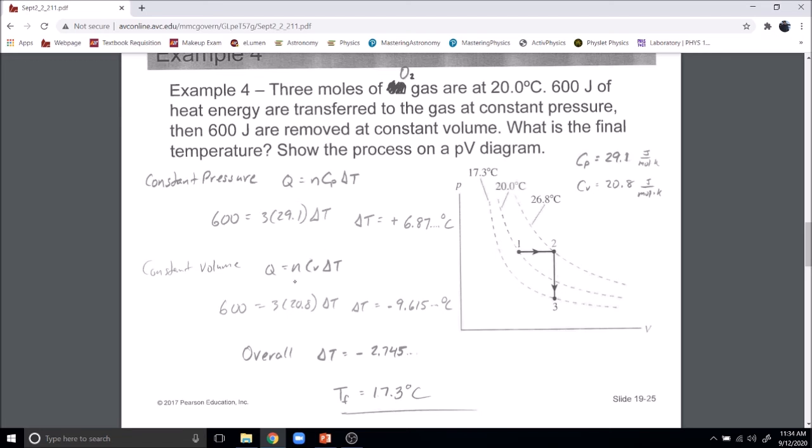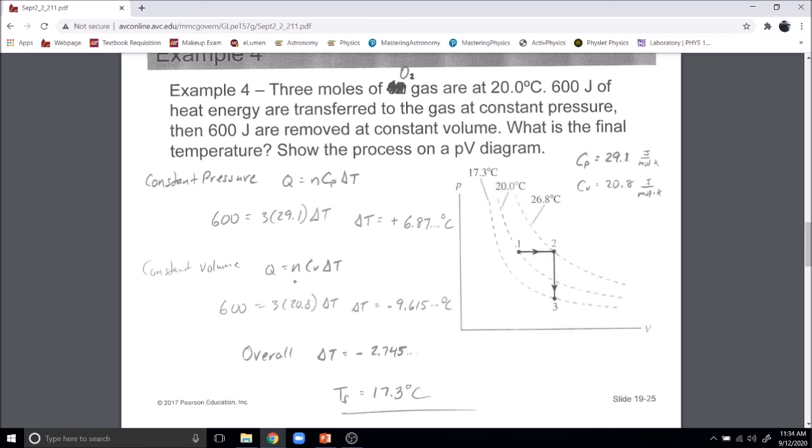When it comes to any thermodynamic process where we look at the change in the internal energy, nCv delta T can be used for any change in internal energy.